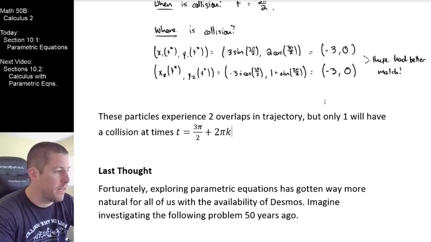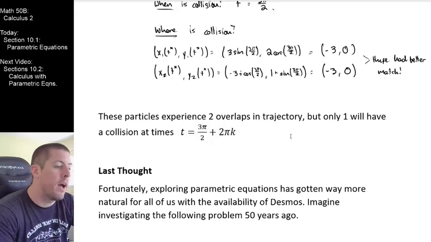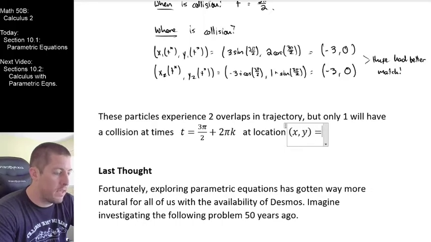It's going to keep on happening there, because these are both equations that are periodic, 2 pi, at location x, y equals negative 3, 0.